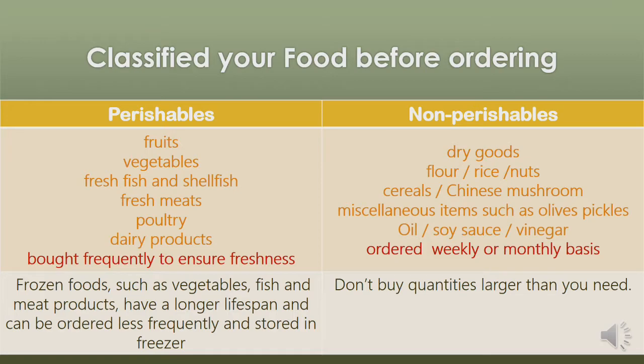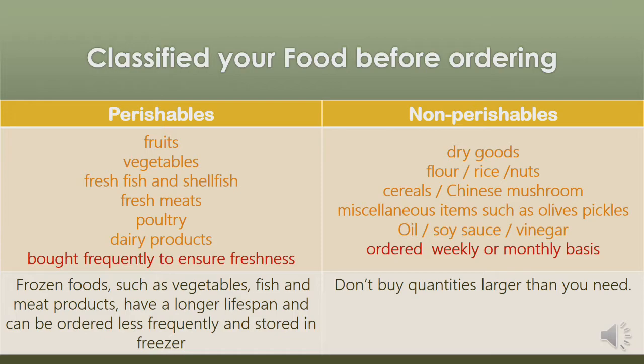Since you know how to recognize the food safety standards marks in Taiwan, CAS, TAP, and also the milk cow, then if you are the purchaser, you need to classify your food before you order. There are two different kinds. The first one is perishables.